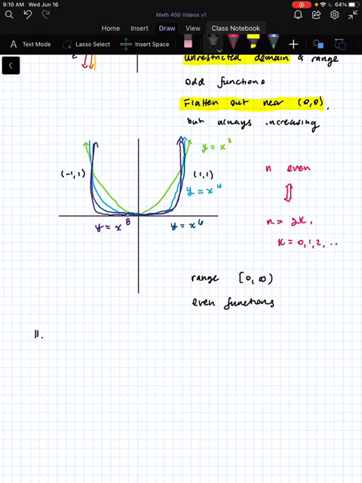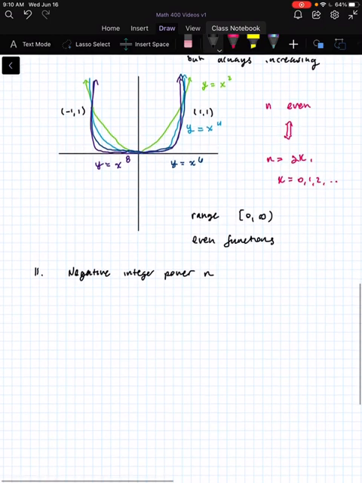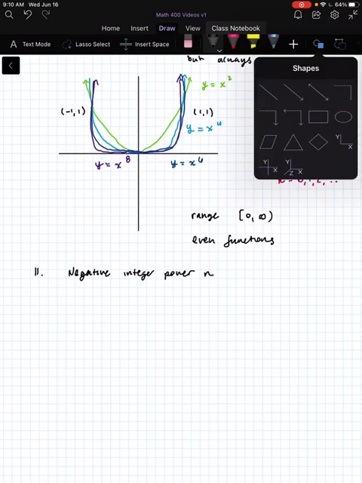Case 2, if we have negative integer powers, we're talking about different kinds of functions, okay?